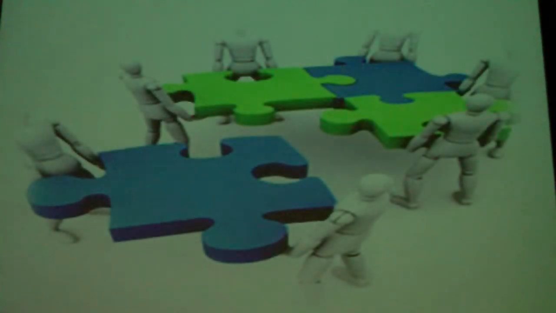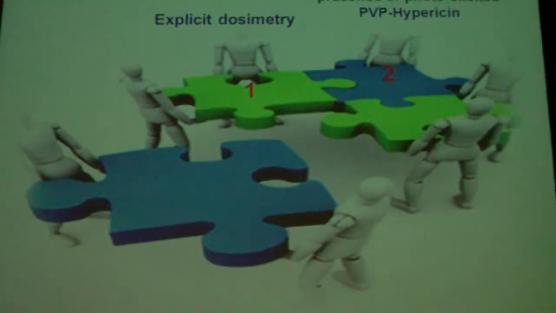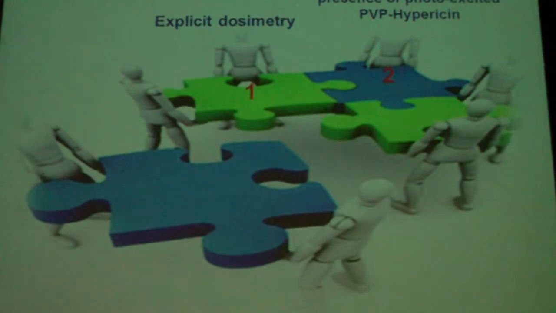What is the strategy of this study? First is to use explicit dosimetry to optimize the light intensity and exposure time during the technique. Second is to do live cell imaging and see how the cells react to the excitation and the concentration of the drug inside the cell.